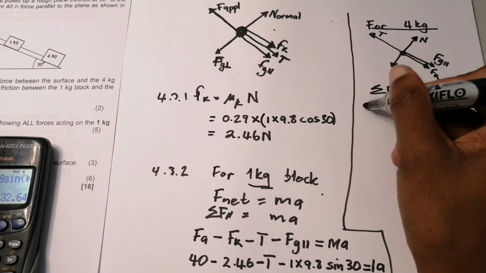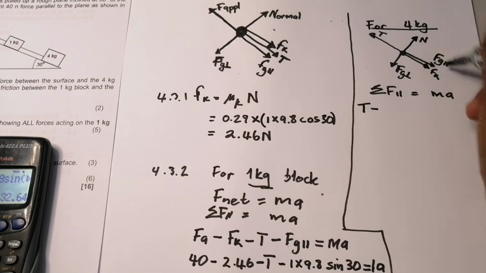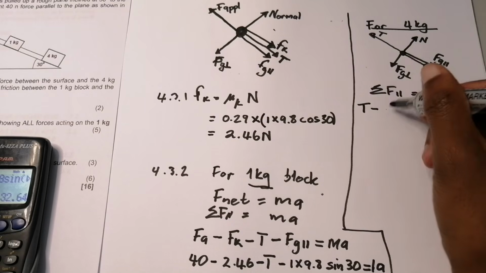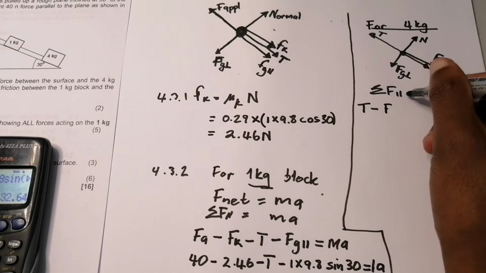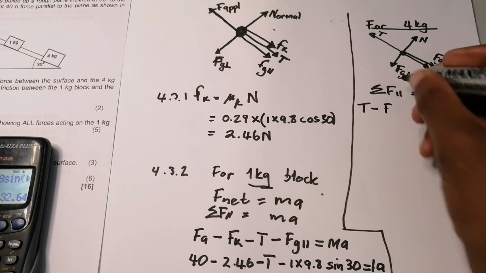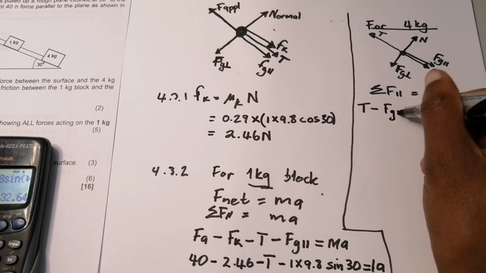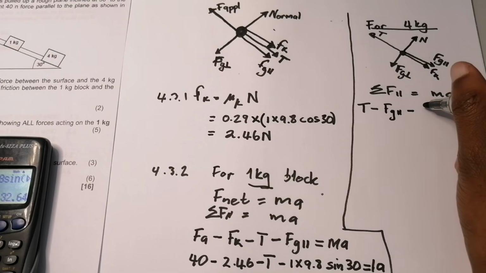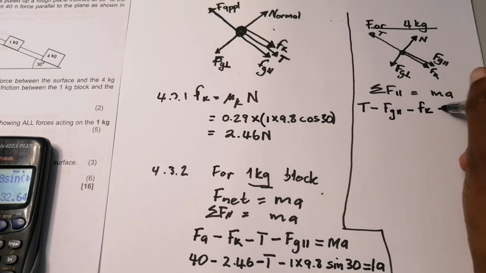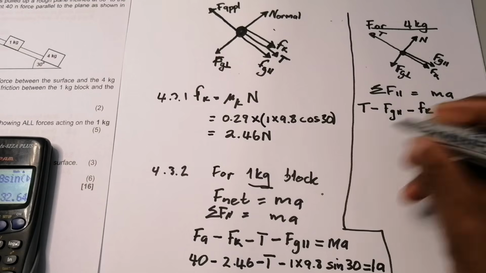So what are the forces? It's going to be tension minus FG parallel. Remember, now we are dealing with the parallel for the 4 kg. If you wanted to, you can just put some labels to it, okay? FG parallel minus friction, and this is equal to MA.